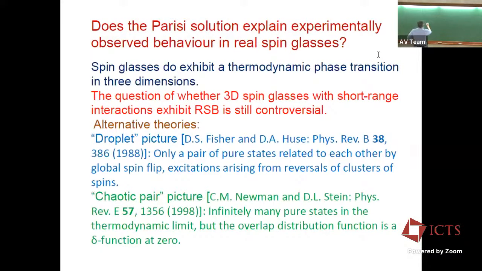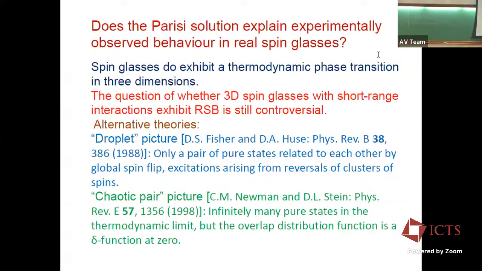Then you have a typical excitation energy. All of these things have analogs in a simple ferromagnet.